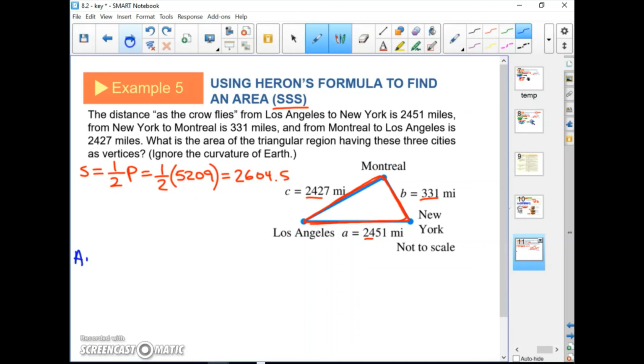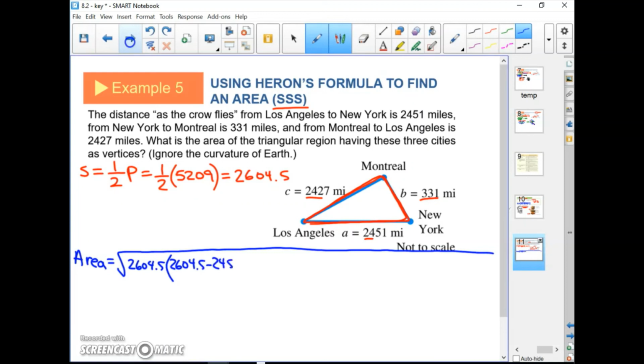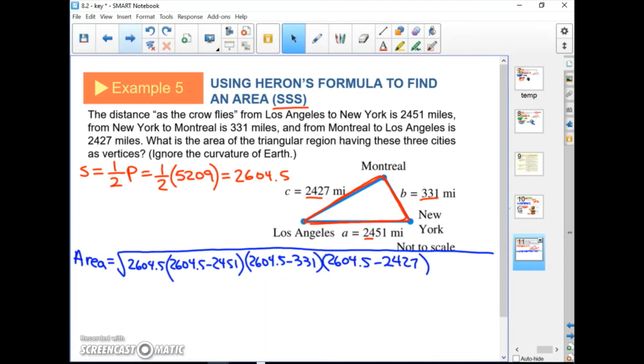So, according to Heron, area is going to equal a big square root. The semi-perimeter is 2604.5 times the semi-perimeter minus side A times the semi-perimeter minus B times the semi-perimeter minus C. We just need to be able to type that in.